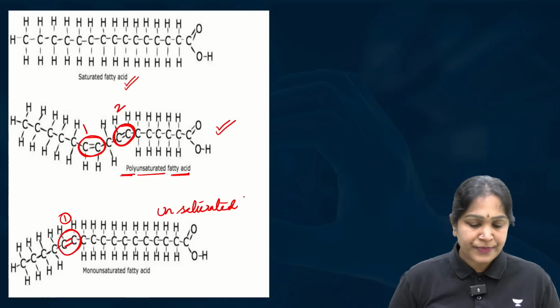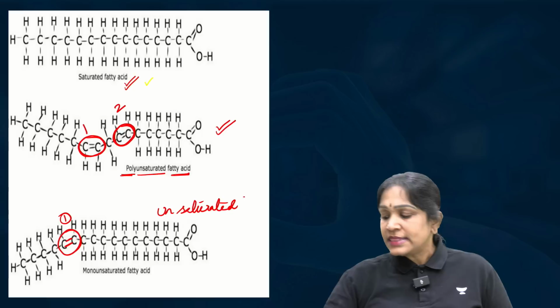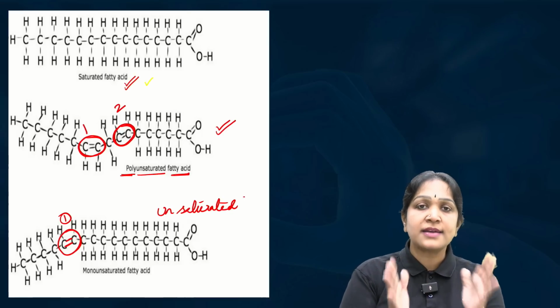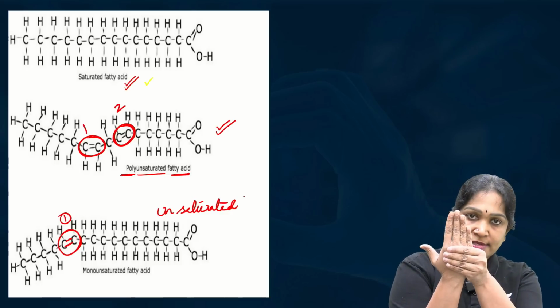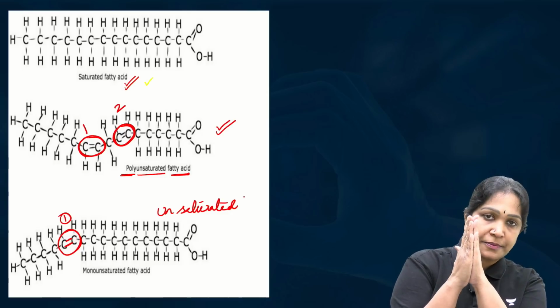Why like that? Look at the structure of the saturated fat. In the saturated fat, the carbon chains are straight, so they will form a proper structure like this. So it will become very difficult to disturb this structure.